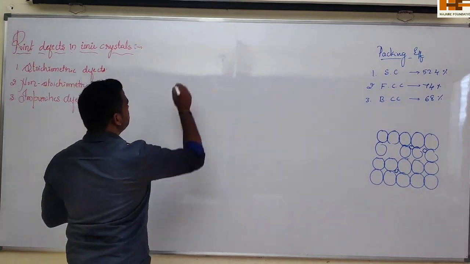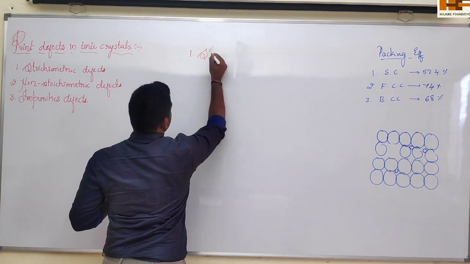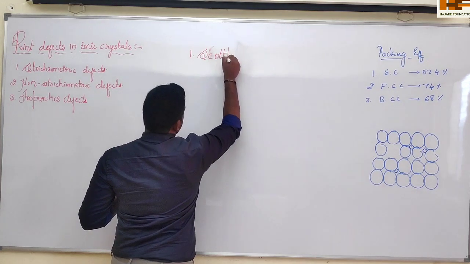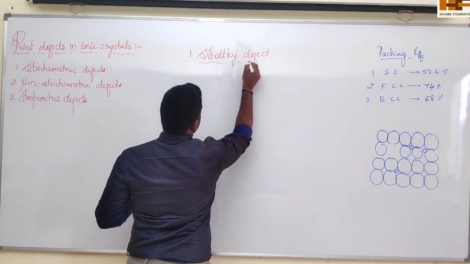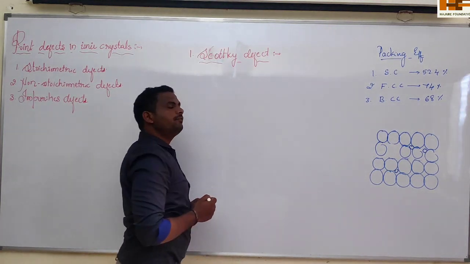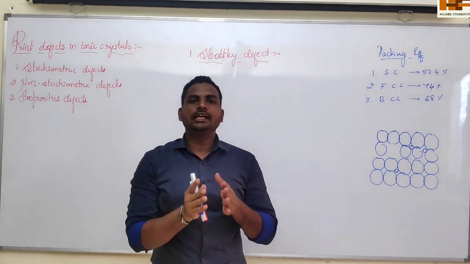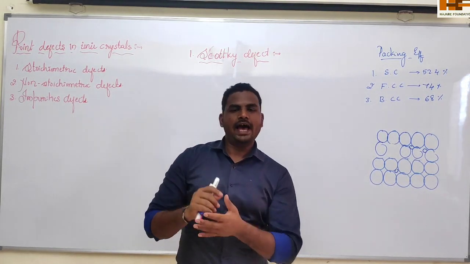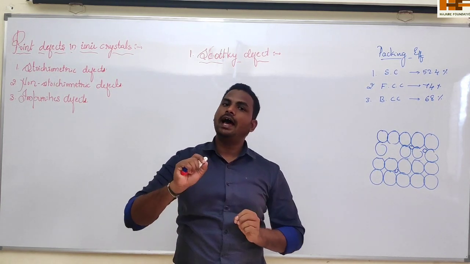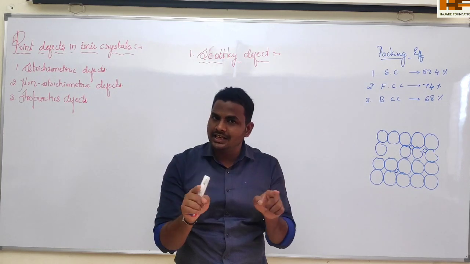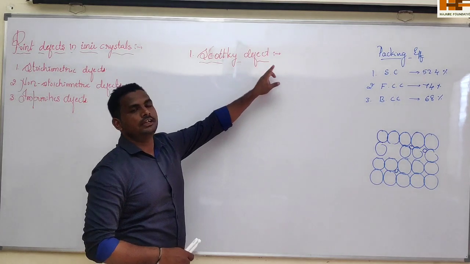In that, the first one is Schottky defect. Schottky defect means what? If you consider the crystalline lattice, there are equal numbers of cations as well as anions. If the same number of cations and anions are missing from that crystalline lattice, that type of defect we call a Schottky defect.